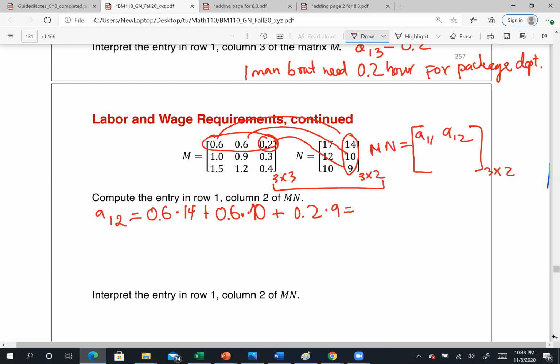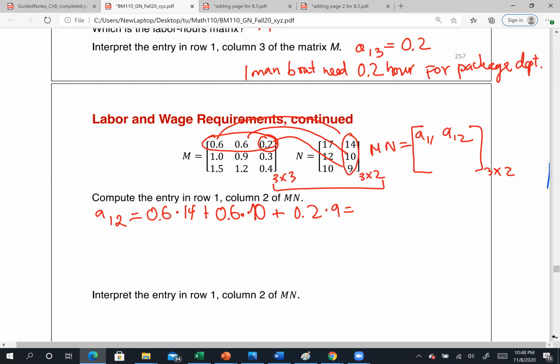So then you're gonna have what? 0.6 multiplied by 14 plus 0.6 multiplied by 10 plus with 0.2 multiplied by 9, and you're gonna have 16.2.